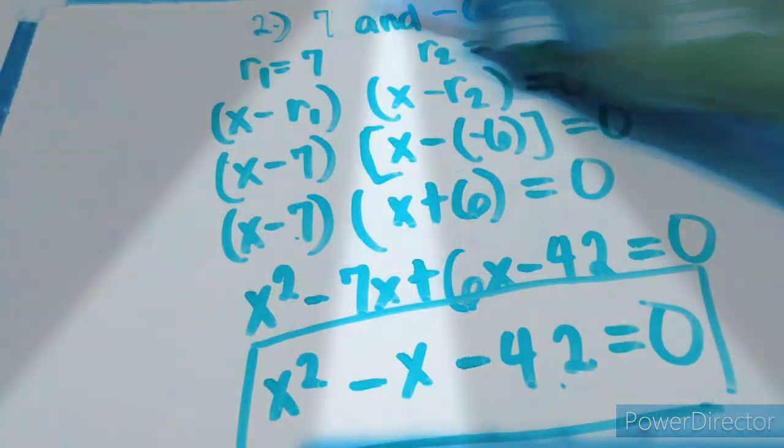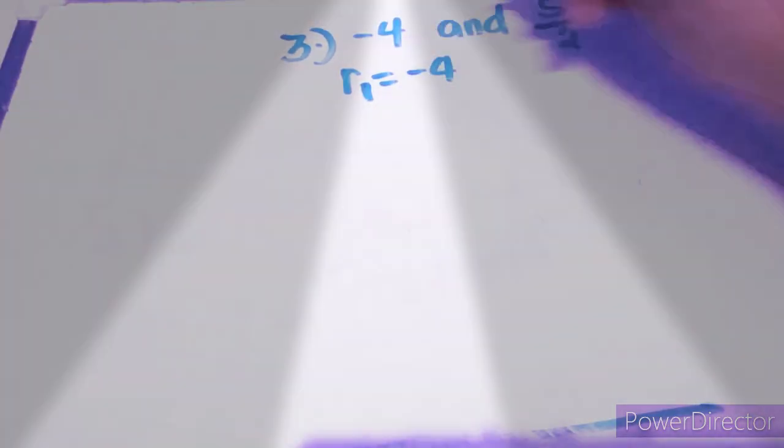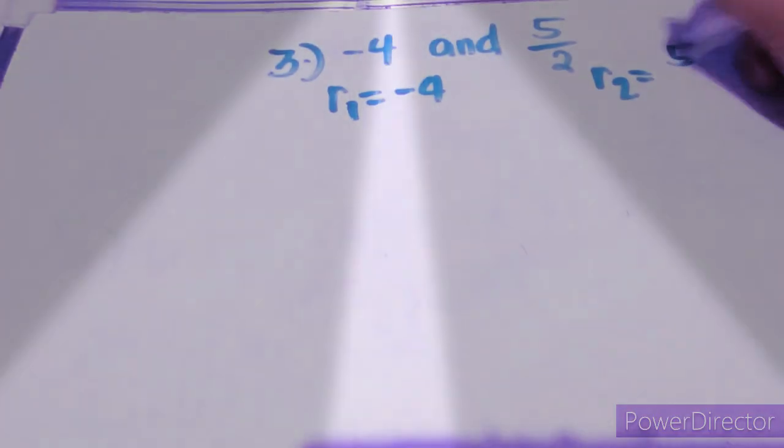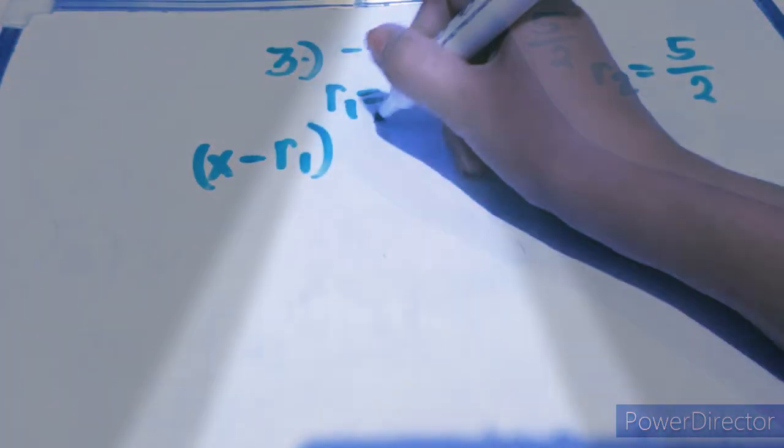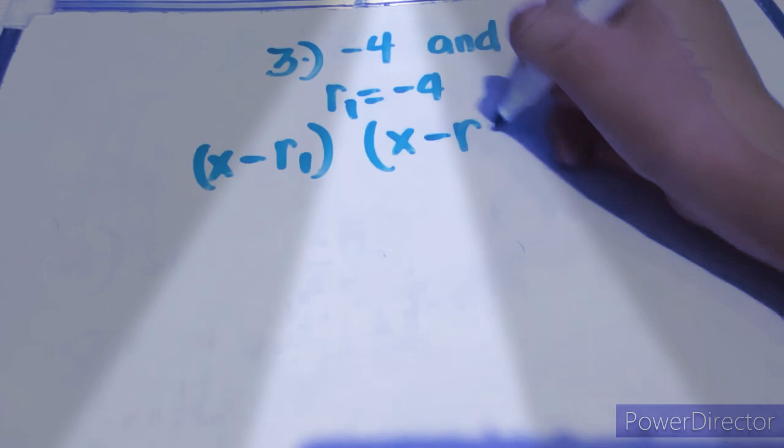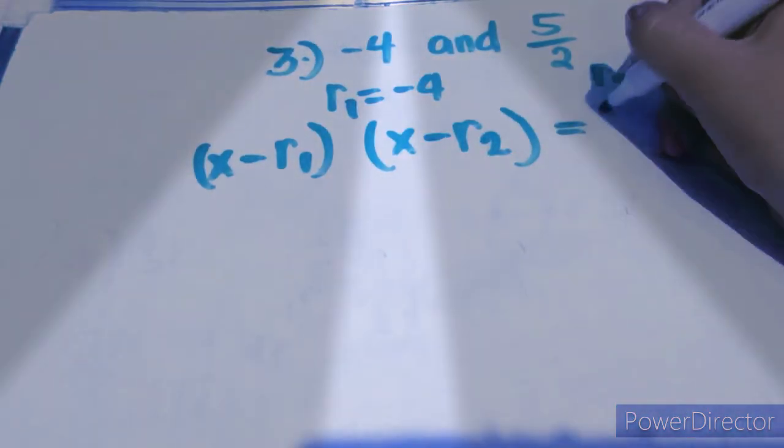Okay, we'll proceed to the last one. So we have negative 4 and 5/2. So your r1 is negative 4, your r2 is 5/2. Again, use the formula x minus r1 times x minus r2 equals 0.